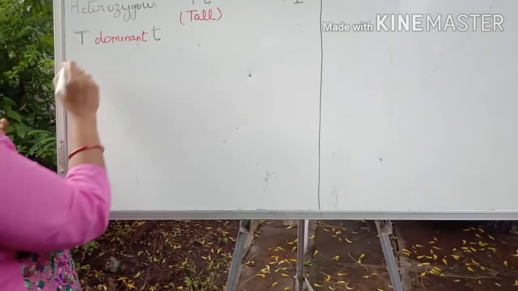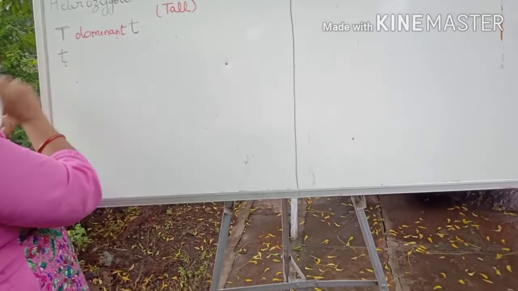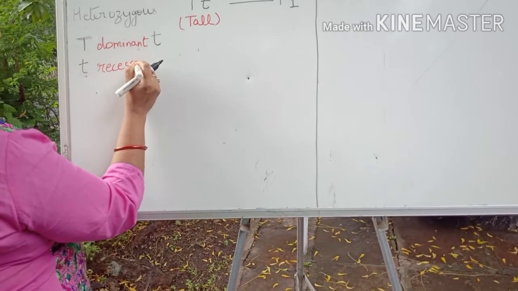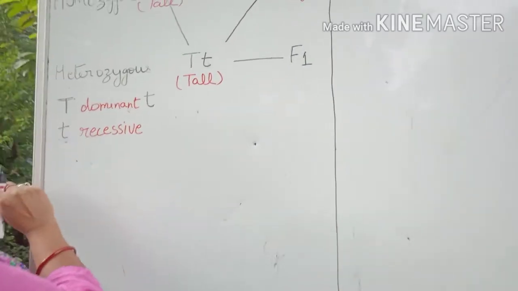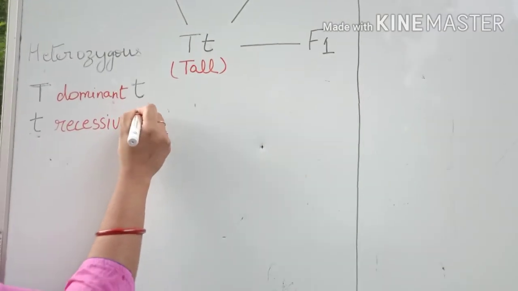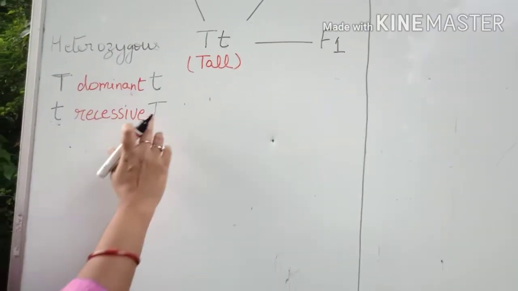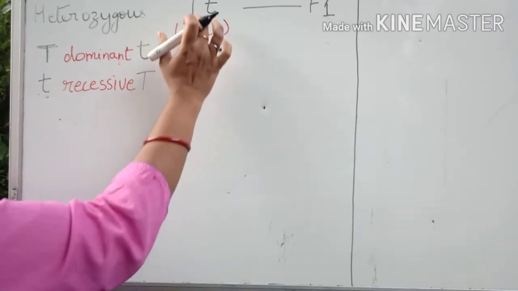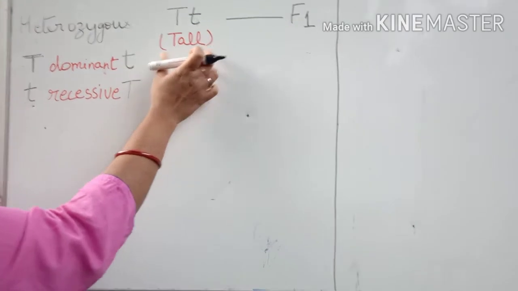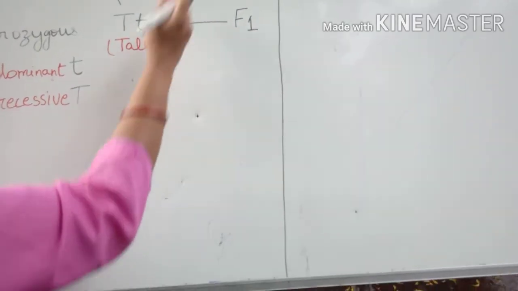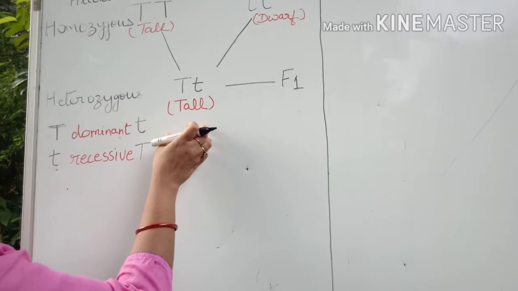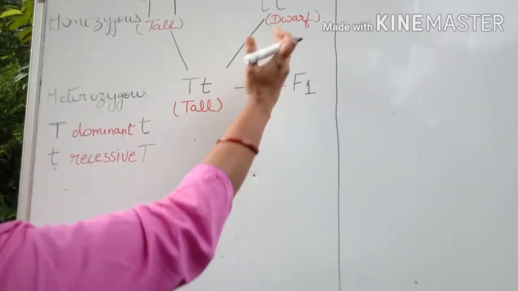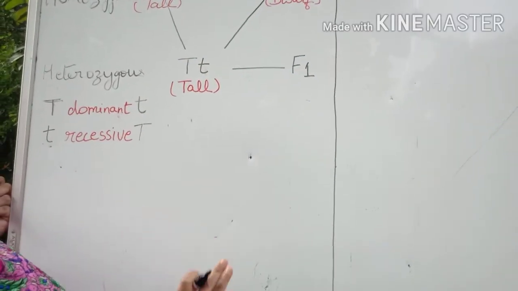In other words, we can say dwarfness is a recessive character. Dwarfness was a recessive character to the tallness. Tallness is masking the dwarfness. Mask means covering up. It is not letting the F1 progeny express the dwarfness. So in the genes, if capital T were present, then the small t, that is dwarfness, was not expressed.